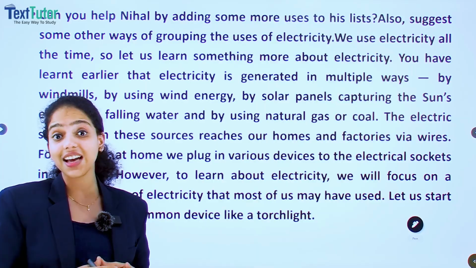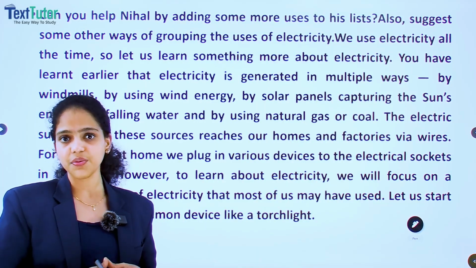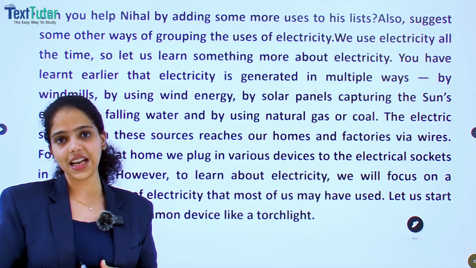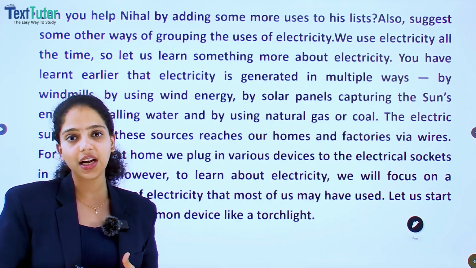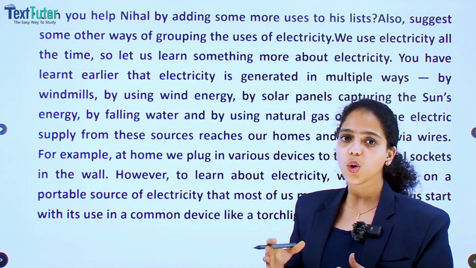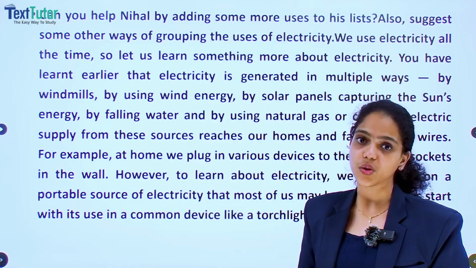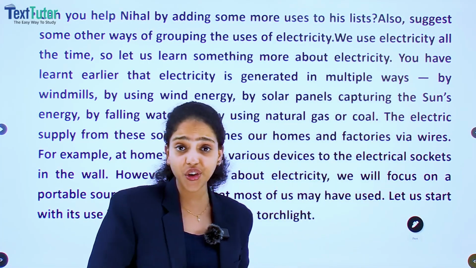We can use tidal energy from the tides, which can be converted into electrical energy. Then in our introduction we mentioned the hydroelectric power plant, in which the kinetic energy of the falling water is converted into electrical energy.